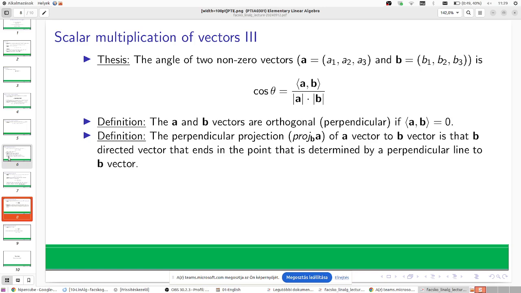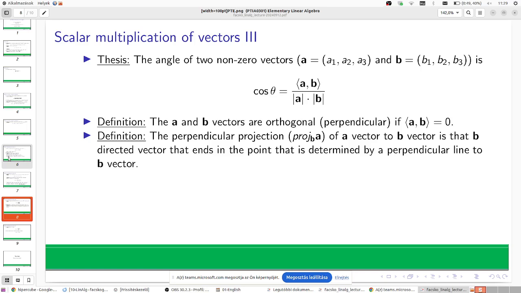I have an A vector, and then I have a B vector, then I have this perpendicular line, and it's grammatically difficult.